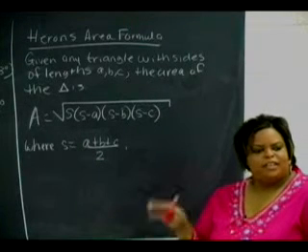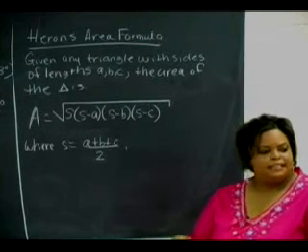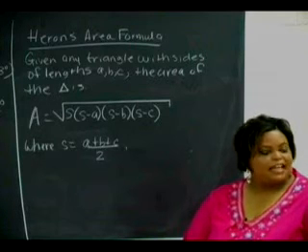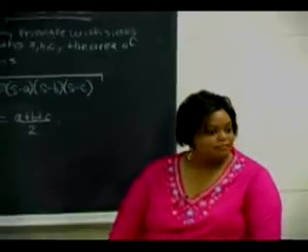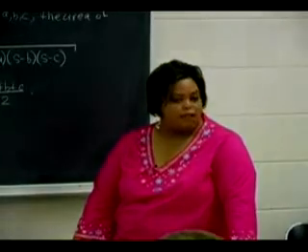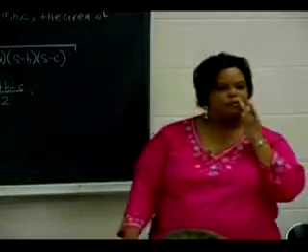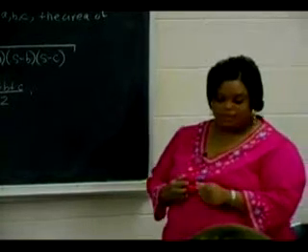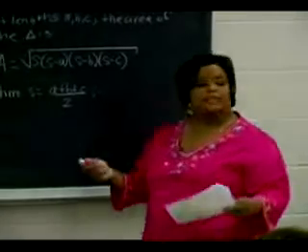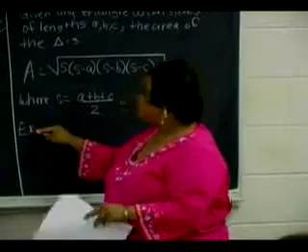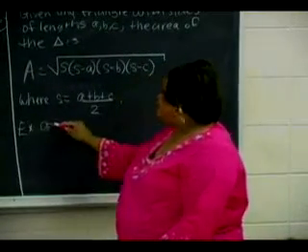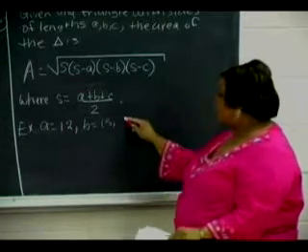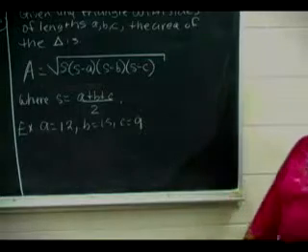If you remember, in finding the area of an oblique triangle in the last class, we had an angle and 2 sides. Here we have 3 sides. We don't need an angle here. So depending upon what you're given would depend upon the formula that you use for the triangle. They will give you all 3 sides. As a brief example, find the area when we're given sides 12, 15, and 9.